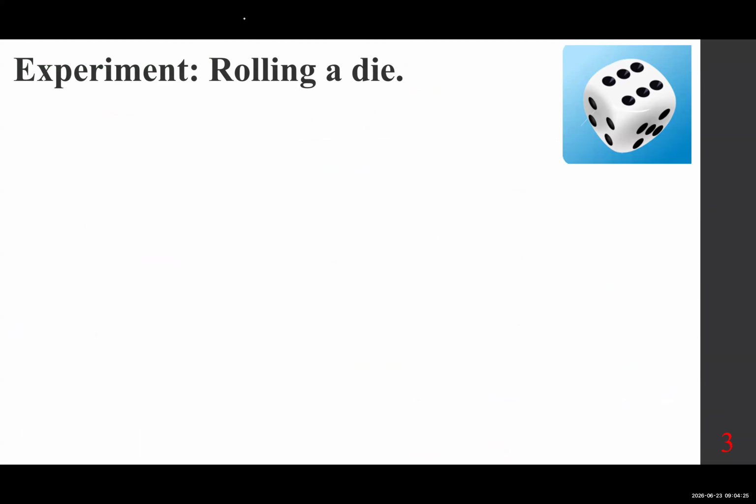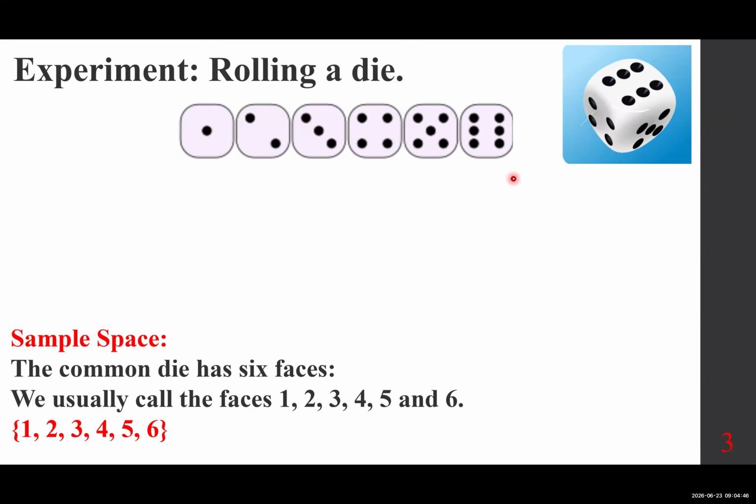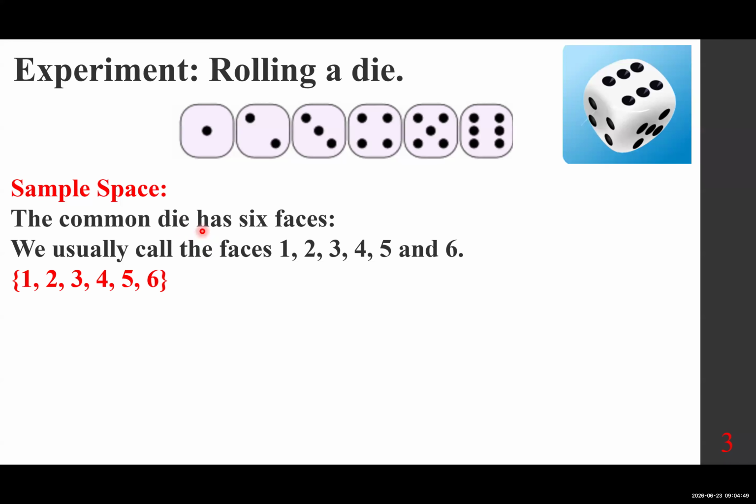Let's look at this experiment as an example. Rolling a die, a regular die has 6 sides, and the numbers are 1 through 6. Sample space: the common die has 6 faces. We usually call the faces 1 through 6.